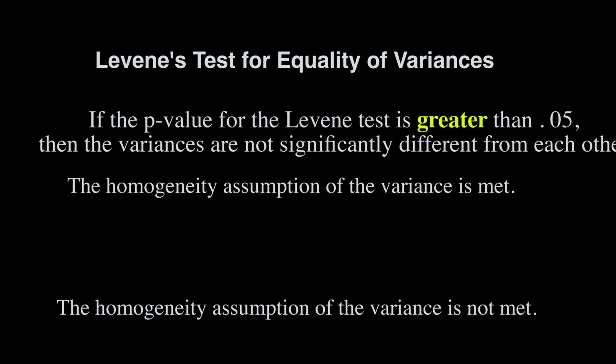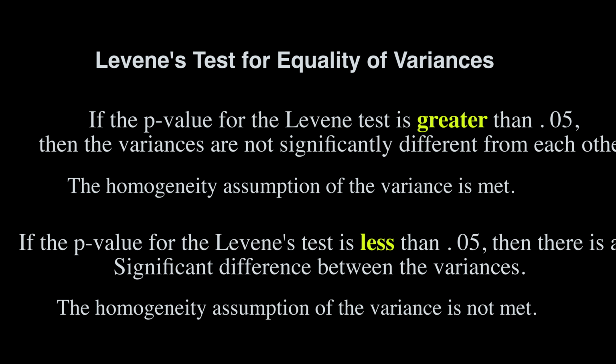The homogeneity assumption of variance is met, which means we would take equal variances assumed. If the p-value is less than 0.05, there is a significant difference, which means the Levene's test for homogeneity of variance is not met, and we would take equal variance not assumed.